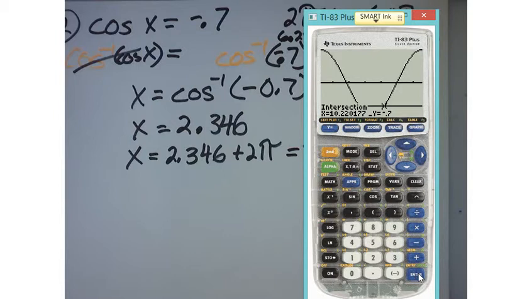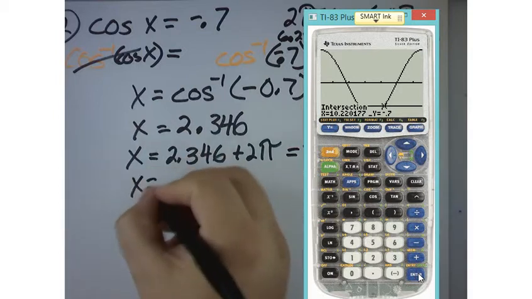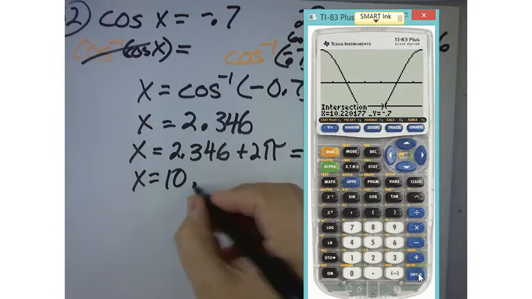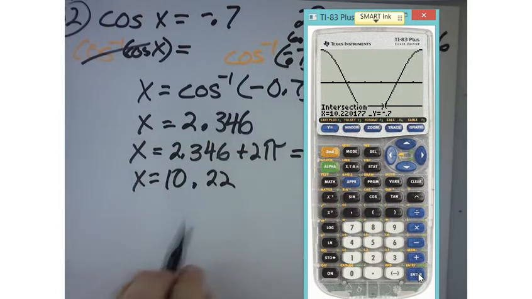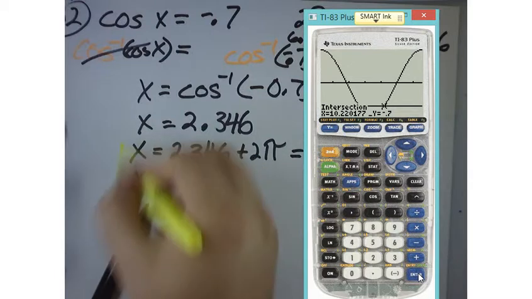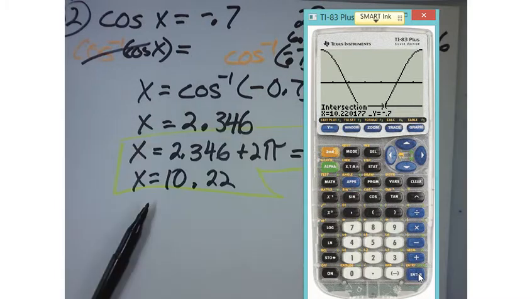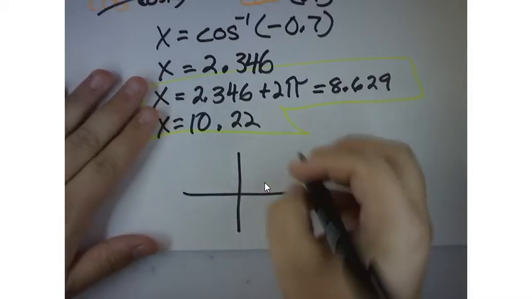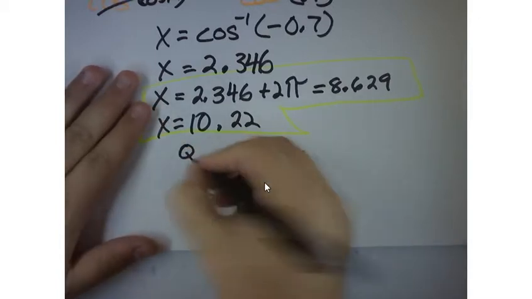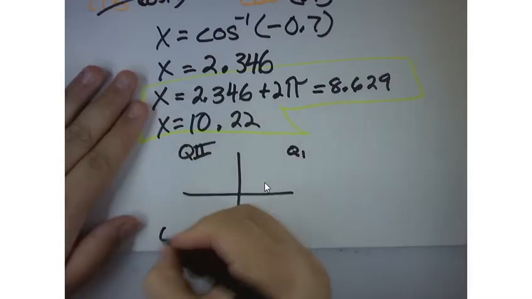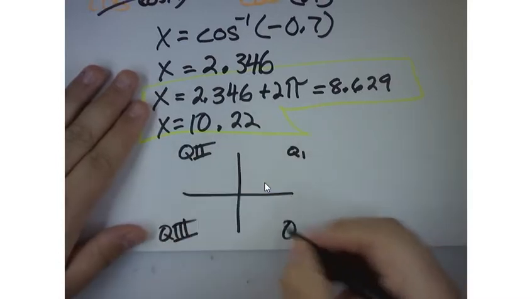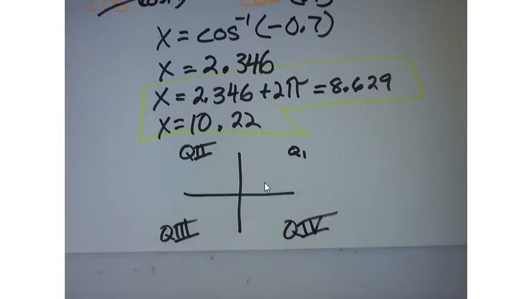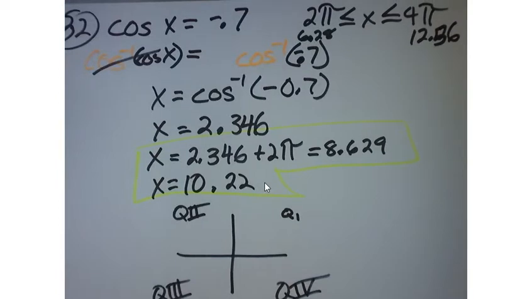So how did I get that number? The other value is 10.22. So these are the two answers right here. But where does that come from? Well, that comes from the standard circle. We're looking for a reference angle of 2.346.